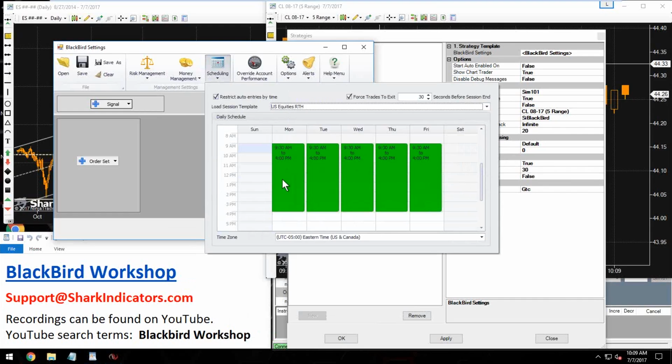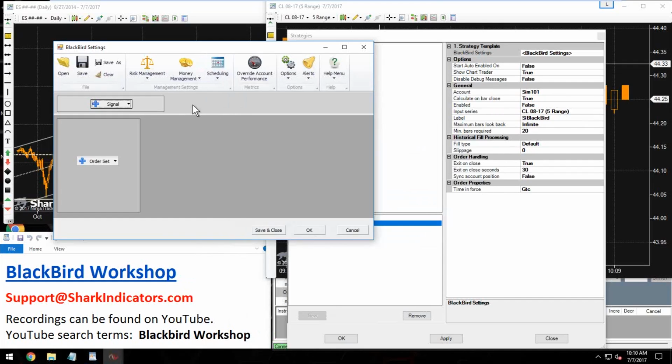It's kind of like having Bloodhound's time block or time solver built into BlackBird. And it's just a lot easier to use. You can grab stuff and shrink things up and move them around. Right, so there you go. So you've got a scheduler here that you can use. Kind of the simple things.